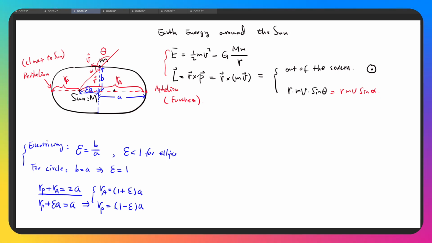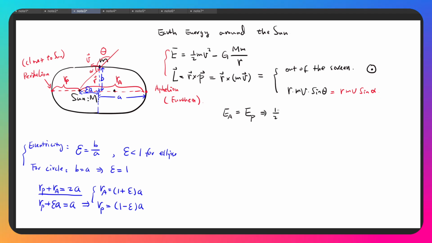Now with this information, we can try to write down the energy of the Earth at these two locations, and that should give us the energy conservation. So we can say EA equals EP. Now let's see what we get from this equation.